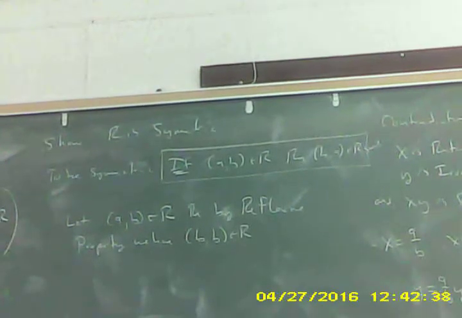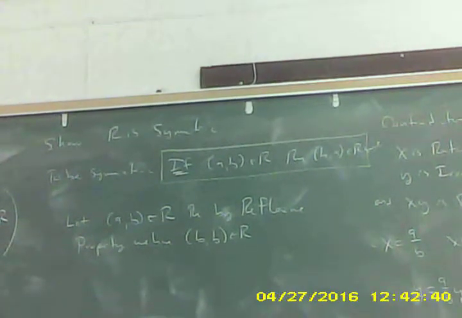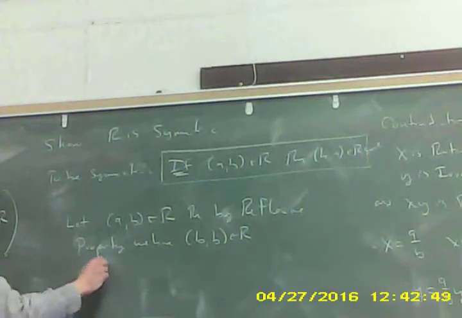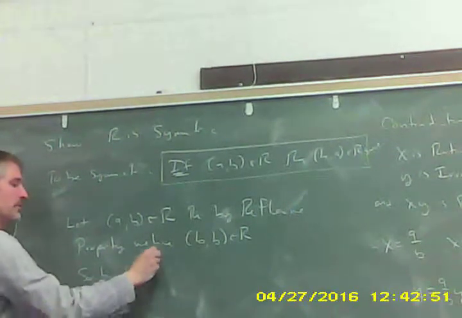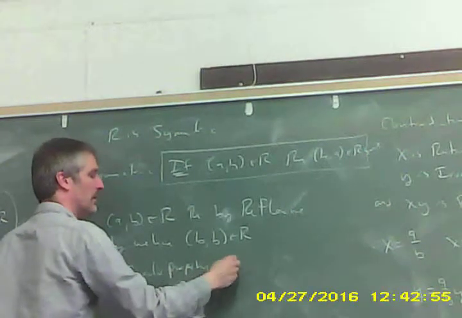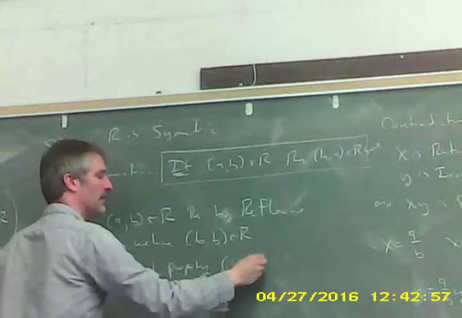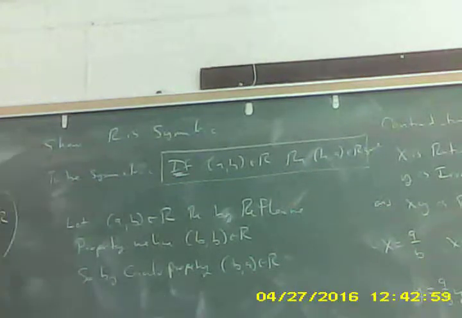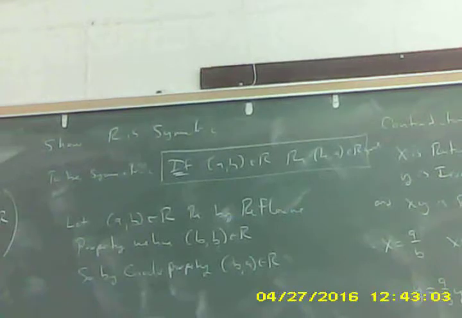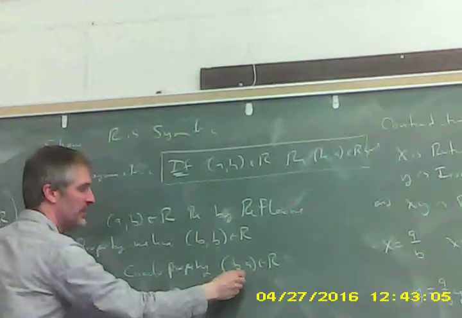That tells us that BA must be in R by the circular property. So by circular property, BA is an element of R. We're treating, in essence, this like a C over here. And so this gets treated like a C here as well.